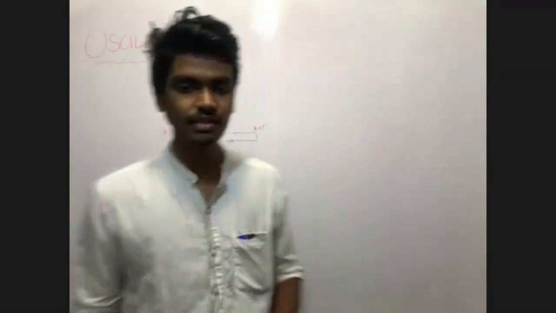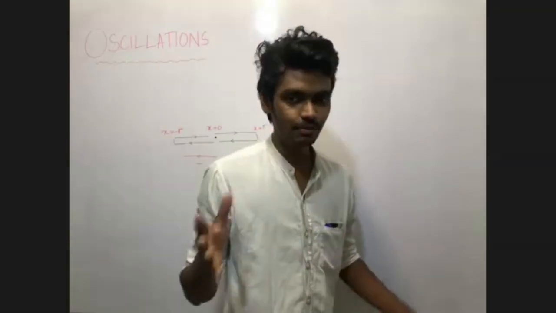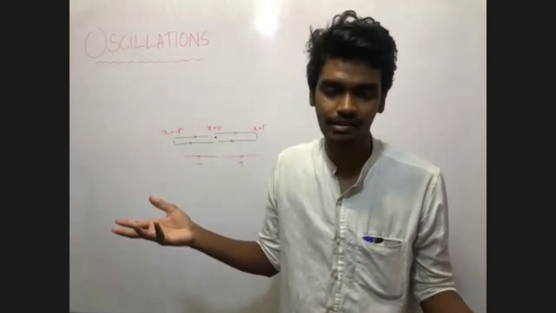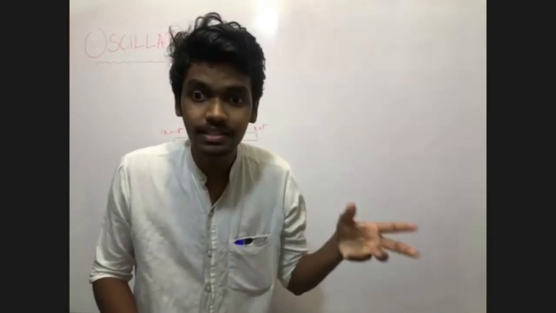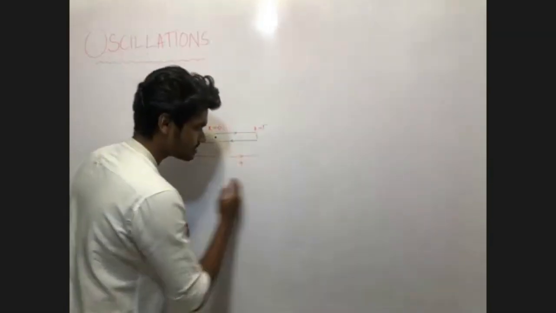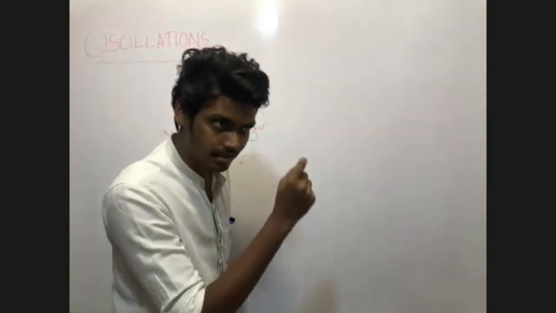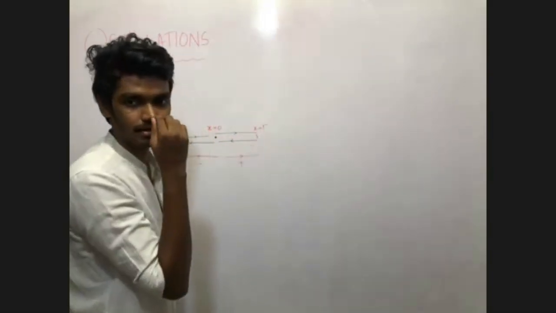Yes, minus and plus. Whenever you deal with displacements, displacement is a vector quantity. It has a direction. So before you deal with displacement, you need to choose a certain direction as plus. It's up to you. In that plus direction, if the particle moves, the displacement increases, plus r.